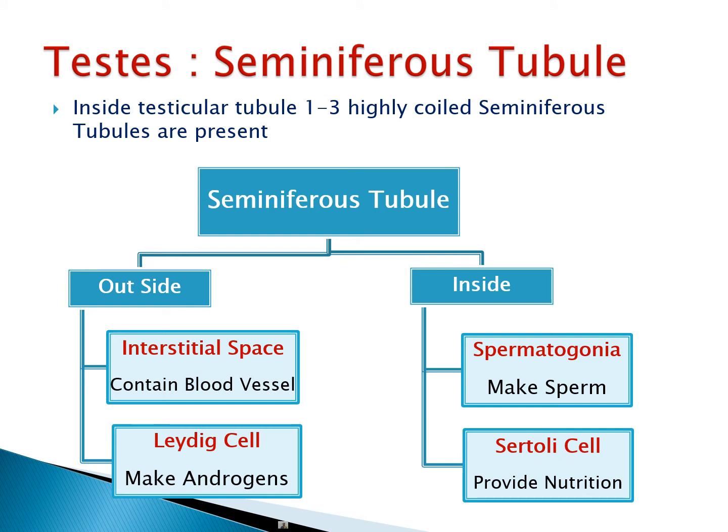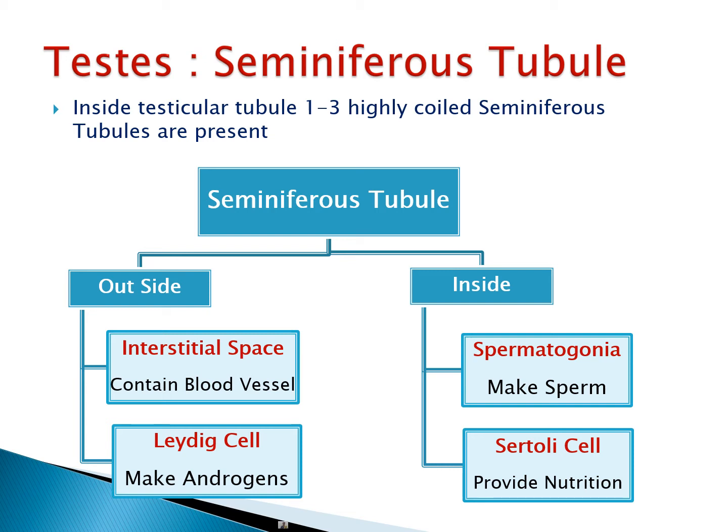Inside the testis, seminiferous tubules are present. In each testis, there is a testicular lobule which we have studied. There are approximately 250 testicular lobules, and in each testicular lobule there are highly coiled 1 to 3 seminiferous tubules. Seminiferous tubules we study in two parts, first the outside part and another the inside part.